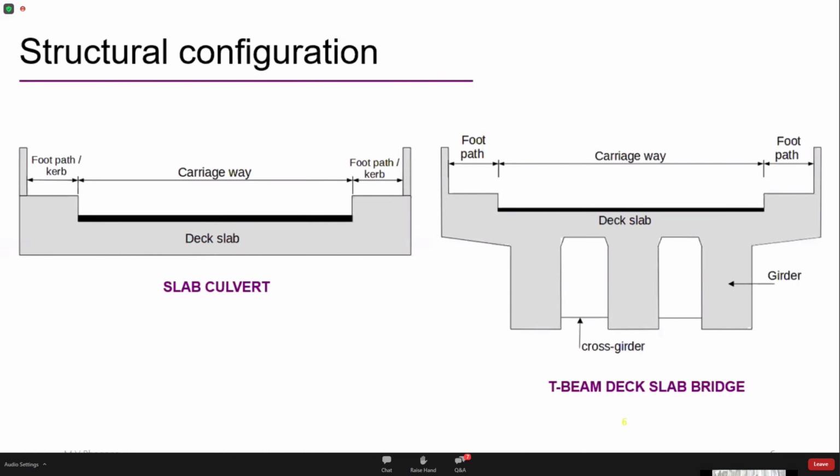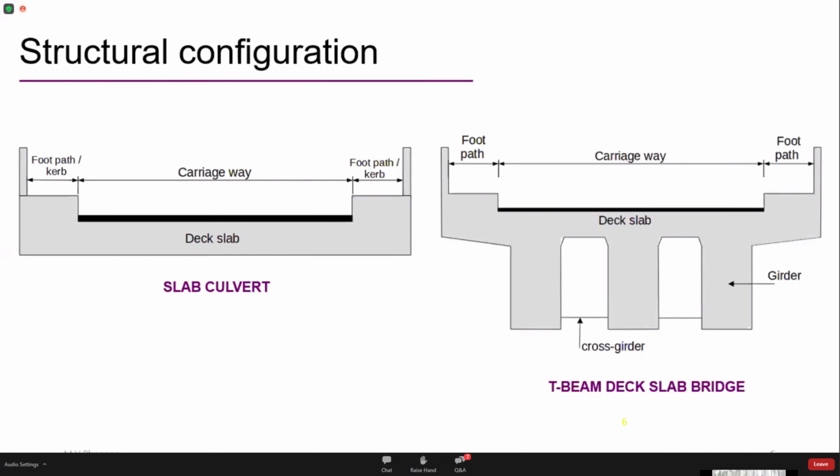In the T-beam deck slab bridge, the slab is resting on a network of girders. Here the slab is supported on all the four sides, forming a two-way action. The slab may be extended beyond the edges, forming the cantilever slab.